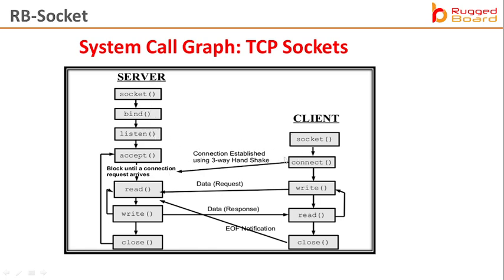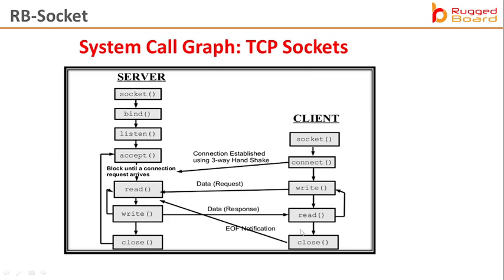The connection is established using a three-way handshake, and this connect system call sends the request to the server. Then the client writes the data for the request, and according to the request from the client, the server replies.